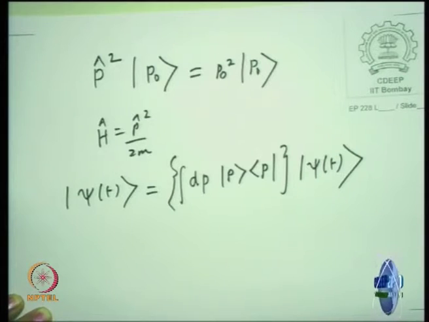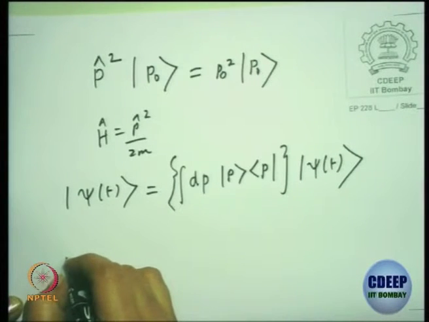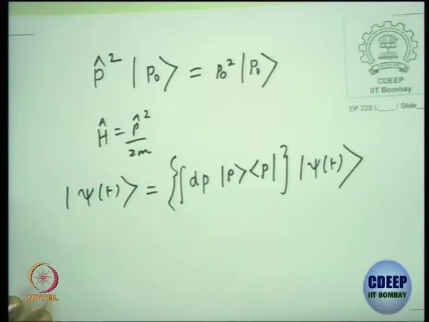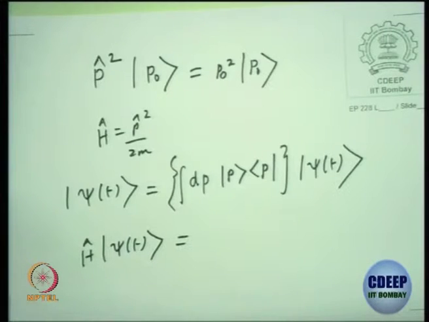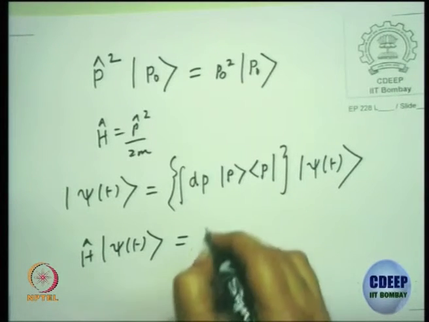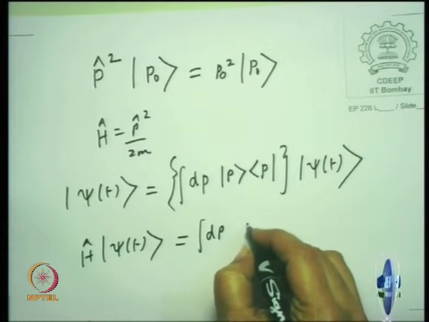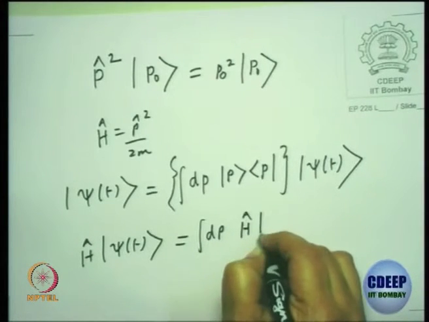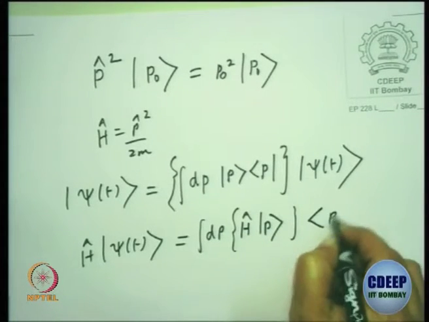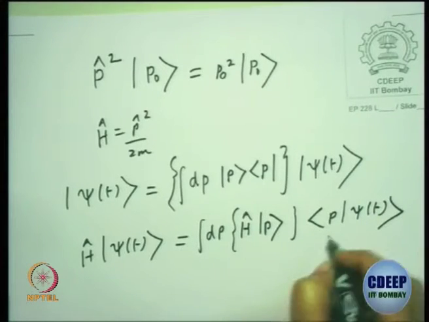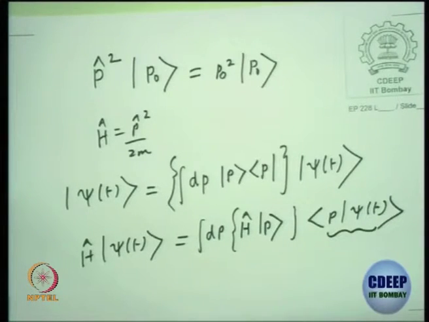Right. So, that will give you the Hamiltonian when you operate H on psi of t. You can take the integral of dp outside. This will be H on |p>. And what will I call the inner product of p with psi of t? So, this is a Fourier transform of your wave function, psi tilde of p, t.